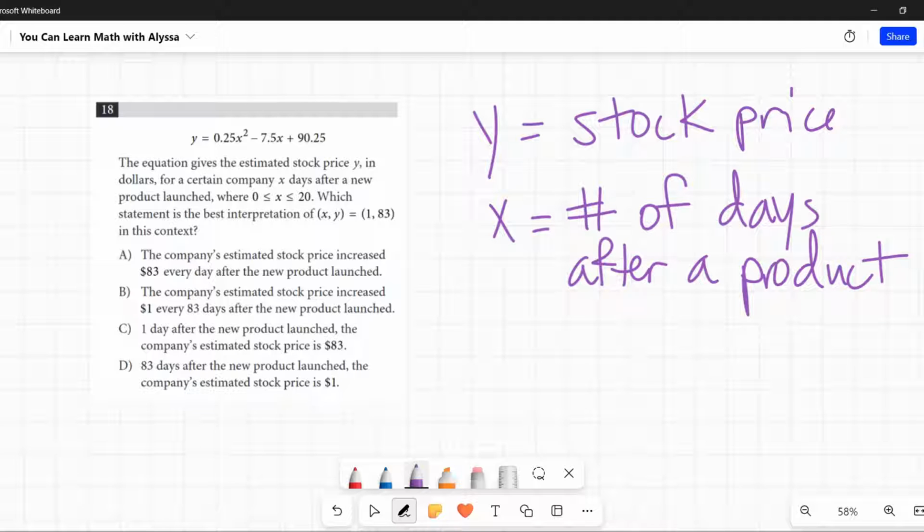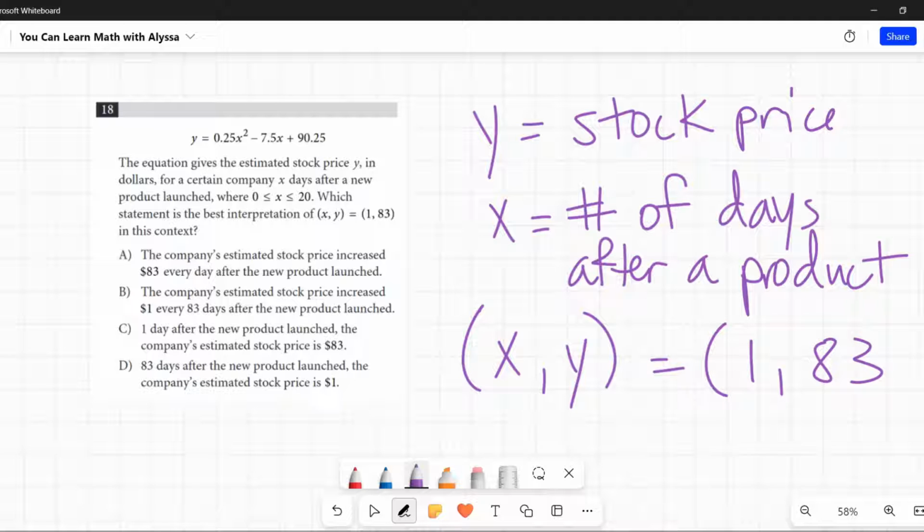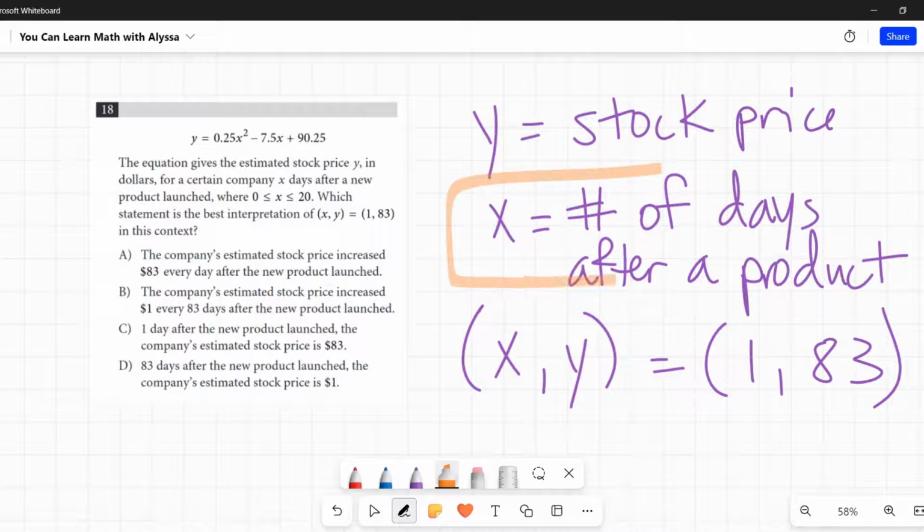Well, before we read all their explanations, I want to decide what this means first, and then we'll see what matches the best. So they're saying X, Y, in this one case, is equal to 1, 83. Now we are told up here, and I wrote down, that X is the number of days after a product was released.